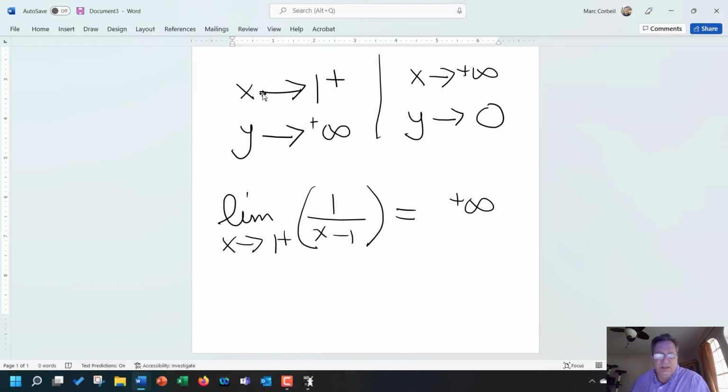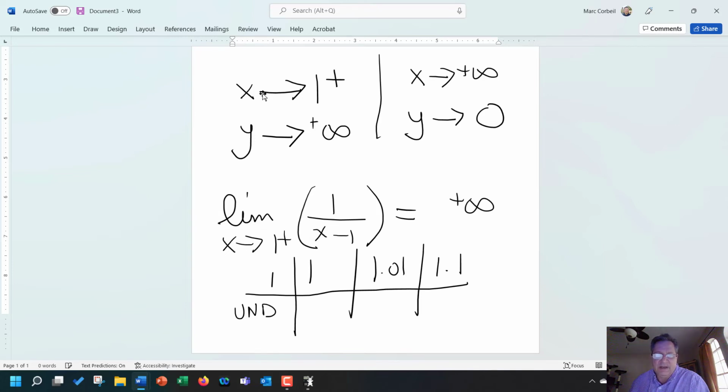We are looking at the value 1. We are approaching the value 1. Now the value at 1 is undefined, but as we approach 1, and we said that before, 1.1, 1.01, 1.001, we saw that this was 10, 100, 1000.